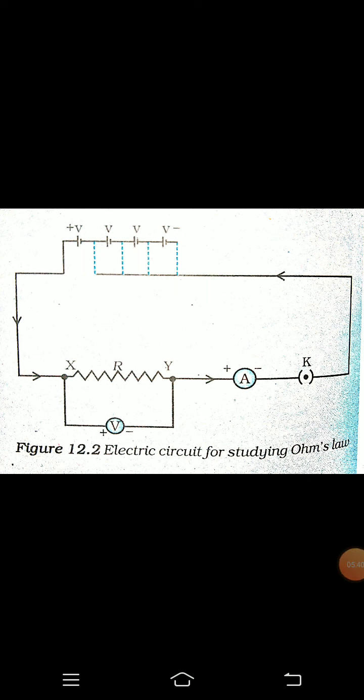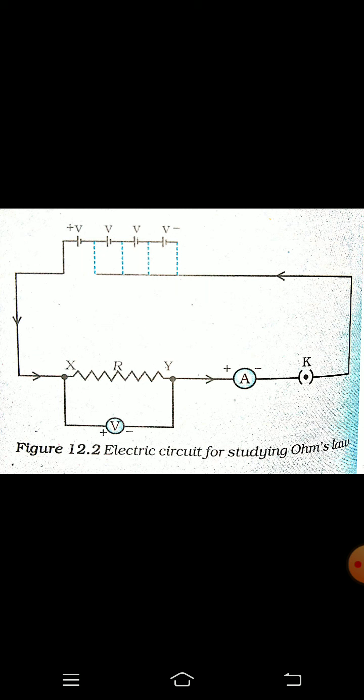Now we are going to learn the very important law of Ohm. So let us find what it is. Before learning Ohm's law, we have to perform an activity. You will refer to page number 203 and 204 for activity 12.1.